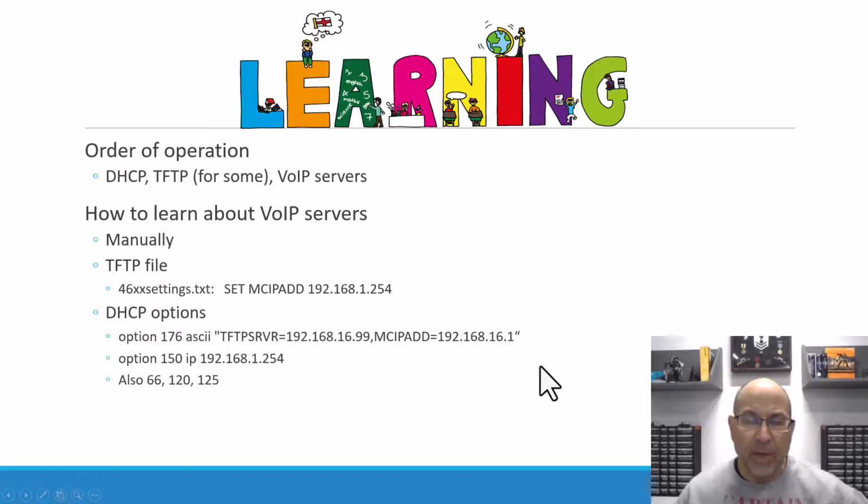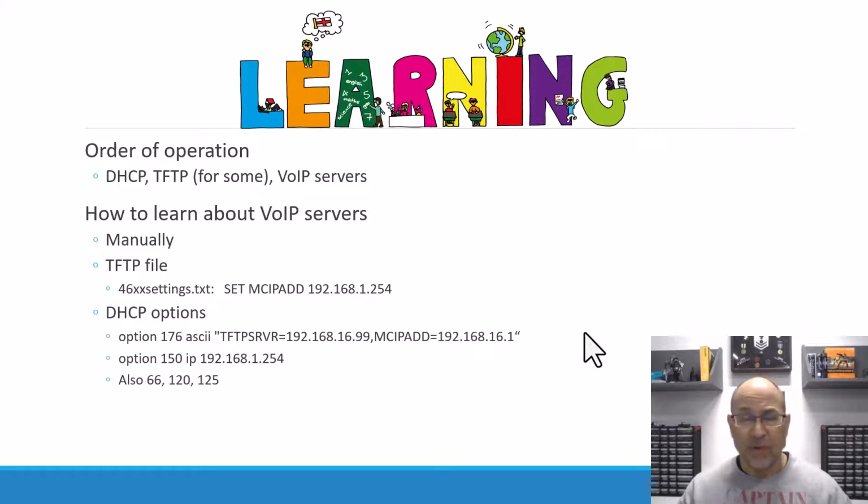Now, depending on what you are using or which system you're on, if you're Avaya, then very commonly you're going to use option 176 in DHCP. Well, what's that for? So the first thing that you do is DHCP. And in the offer for DHCP, and we'll actually take a look at what that looks like, you're going to have the TFTP server and maybe the call server in there.